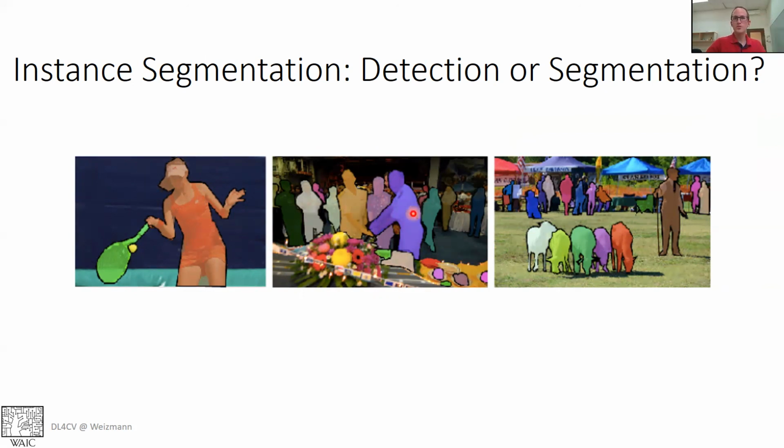In semantic segmentation they would all be grouped in a single blob that says person, but we want to know there are different persons here. So we want these pixels to be classified as person, but differently than these person pixels. We want to know they are both persons, but they are different persons in the image.